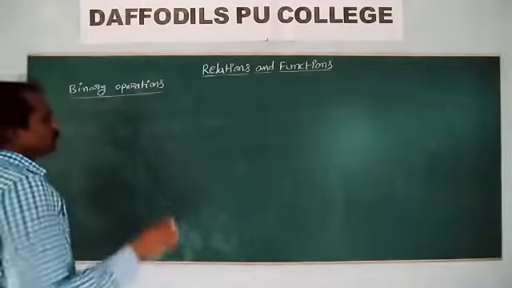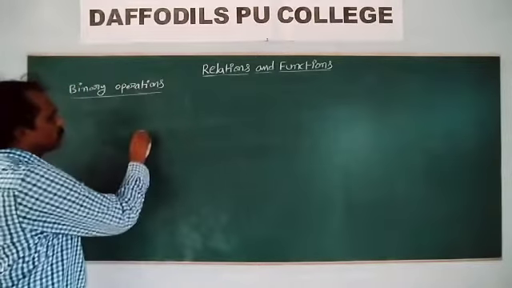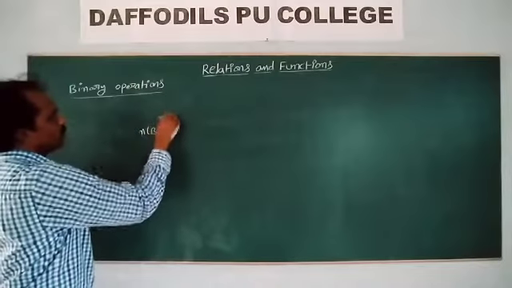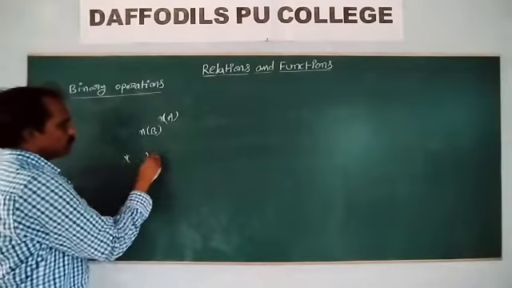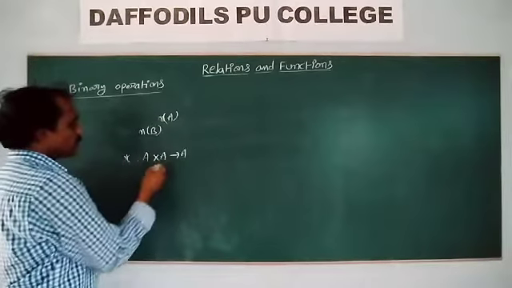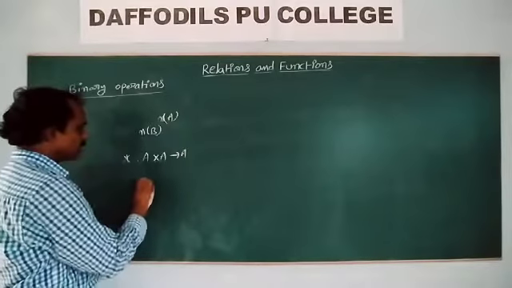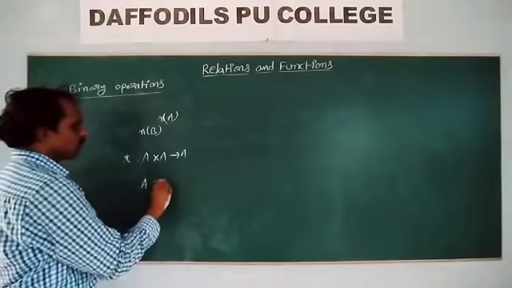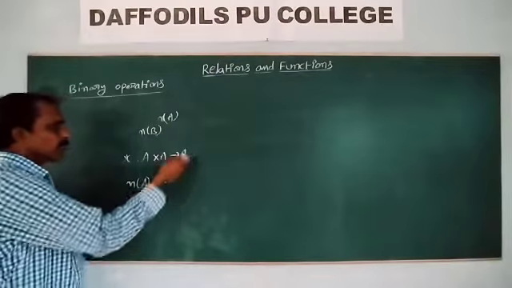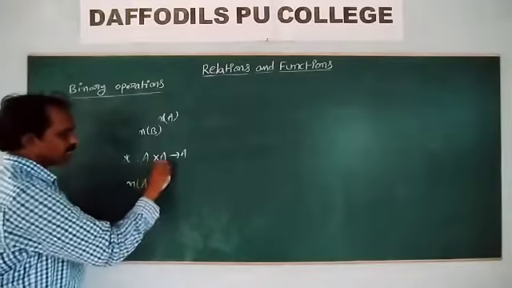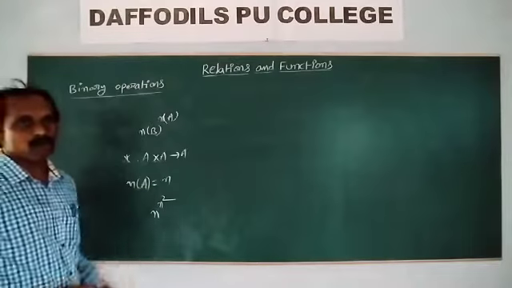Right. The number of functions, I already told you, the formula is n(B) power n(A). Star maps A cross A into A. Number of binary operations is n(B) power n(A×A). So if the set A has n elements, that implies n power n squared is the number of binary operations.